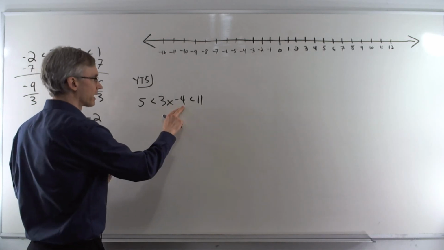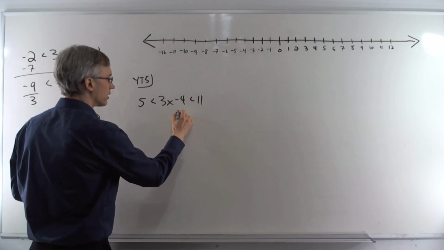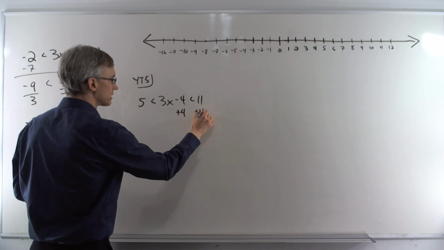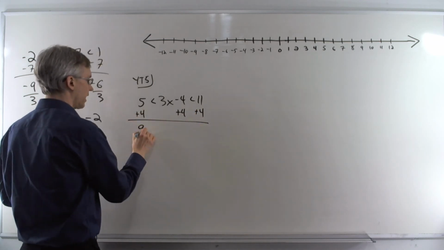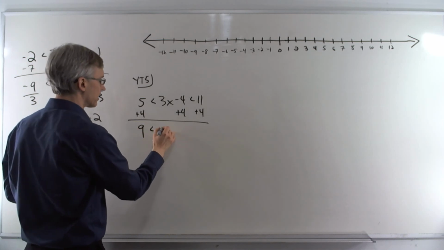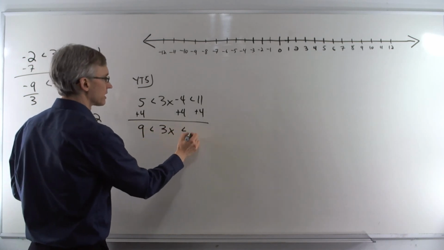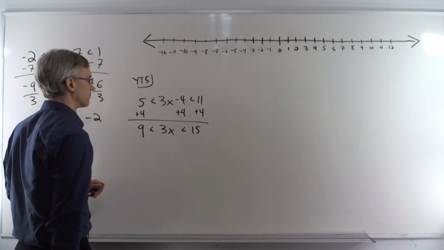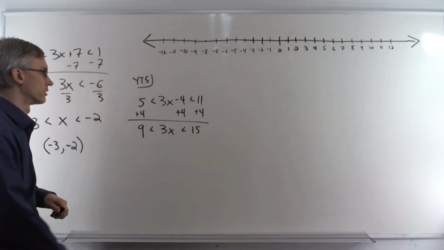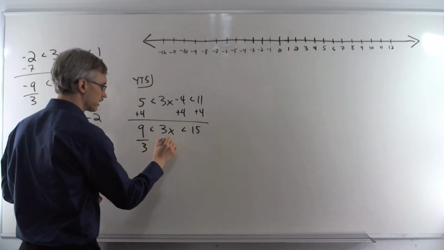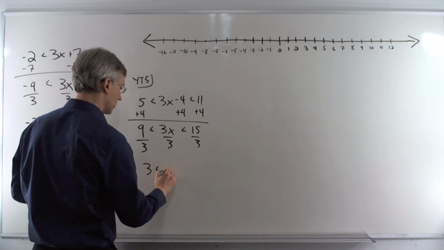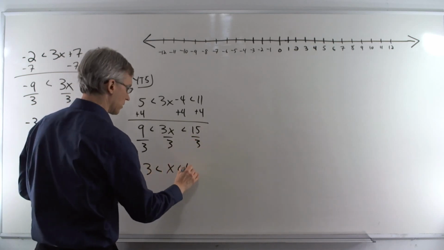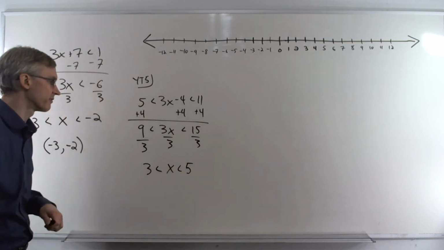All right, so we'll start by getting rid of the negative 4. Add 4 to all 3 sides. We got 9 on the left, less than 3x, less than 15. Divide by 3 on all 3 sides. We get 3 less than x less than 5.